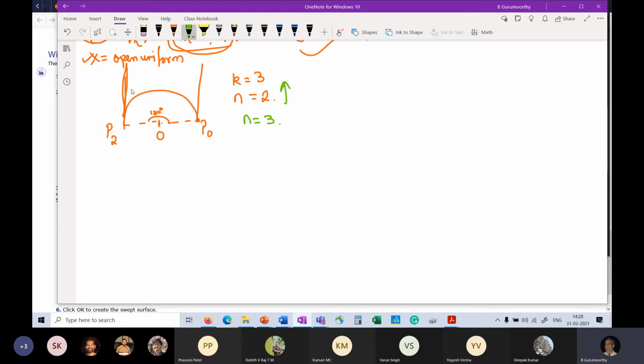Maybe I pick 1 point here and 1 point here, and that becomes my control polygon. Is that the solution you want? So that is 4 control points, because n is 3. Yes. So this becomes P3, and this is P1 and P2.